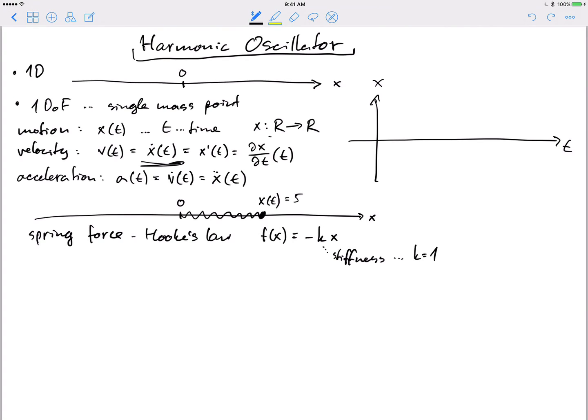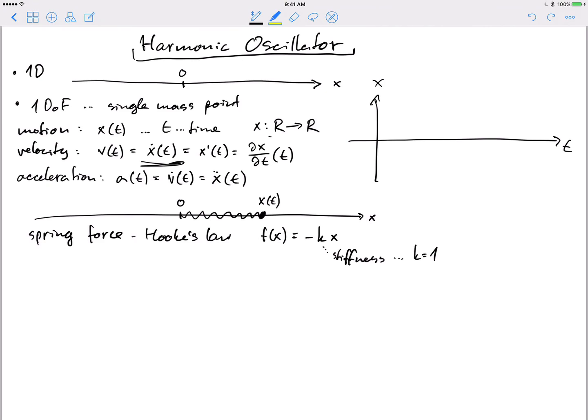Now, if the point was instead here, then the x coordinate would be negative, like minus 6, so the force would be plus 6 and would be pushing it the other way around. This direction here is the direction of the axis. That's the only direction you have in one dimension.